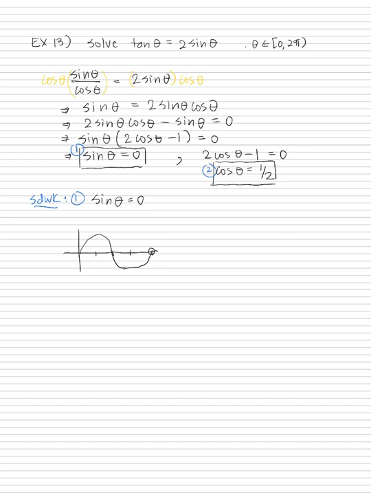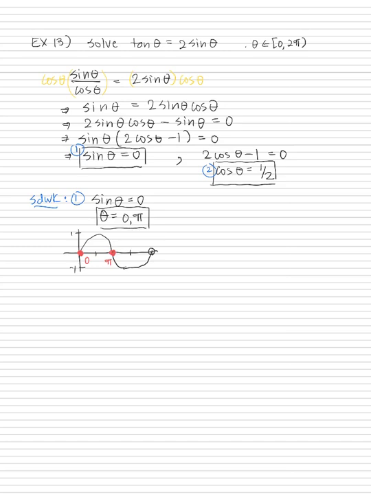So this is y equals sine of theta, between -1 and 1. The sine of theta equals 0 when theta is 0 and when theta is pi. So theta is 0 and pi, since 2 pi is excluded, so these are the only values that we're going to get from the equation circle 1.